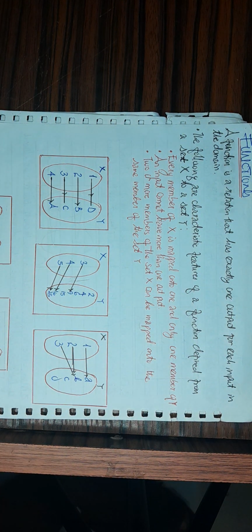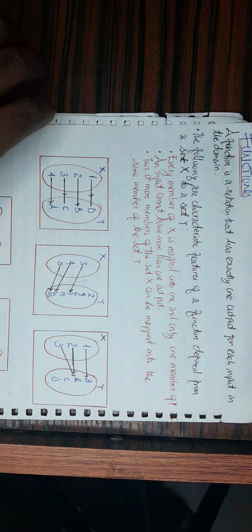The second, this is a one-to-one function. Somebody will be like, okay, 2, 4, 6, and 15 are not having any image. It is possible a woman can be barren and not have a child. It's very possible. So this is actually a function.